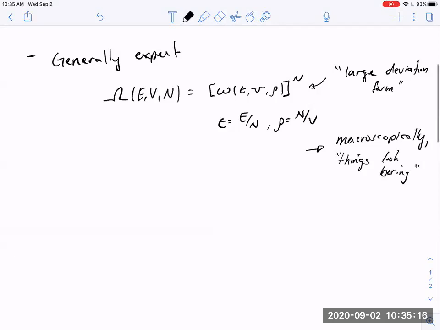Last lecture, we hit upon a fairly profound statement. We uncovered a simple deductive reasoning for a law that you were probably taught long ago as children. The second law of thermodynamics tells you the direction of spontaneous processes.